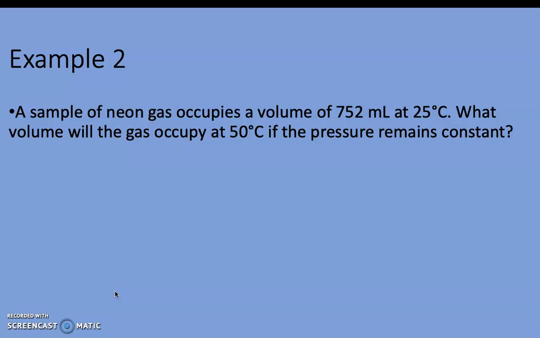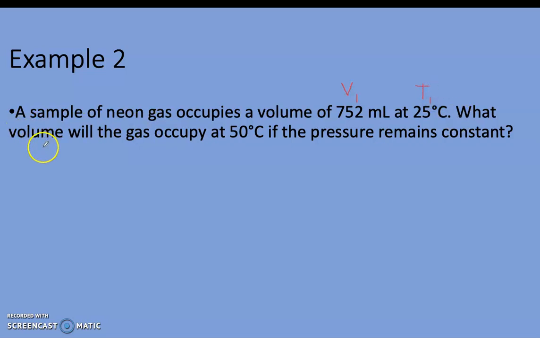Okay, let's look at this problem. A sample of neon gas occupies a volume of 752 mL at 25 degrees Celsius. So in this first sentence, we see that this here is your initial volume, and this here is your initial temperature.